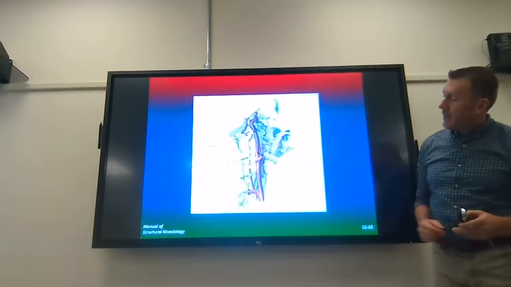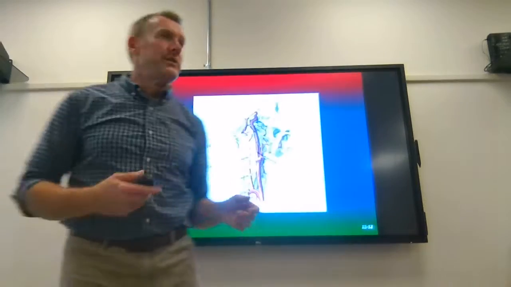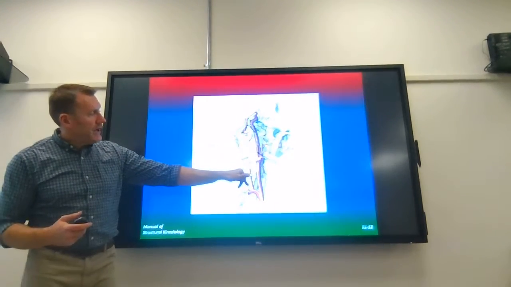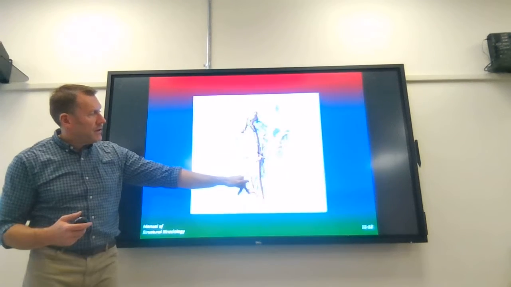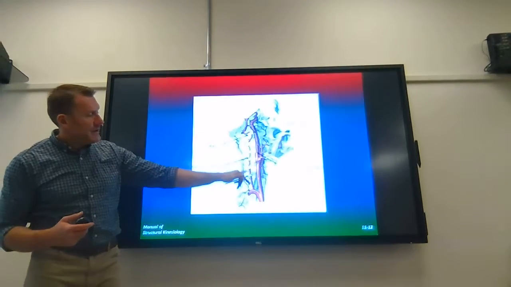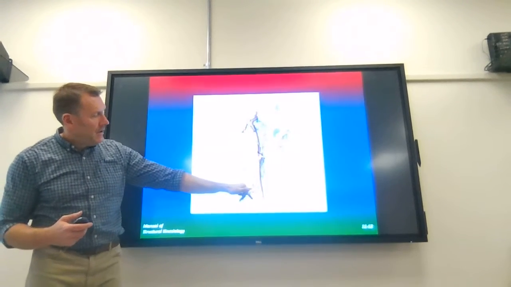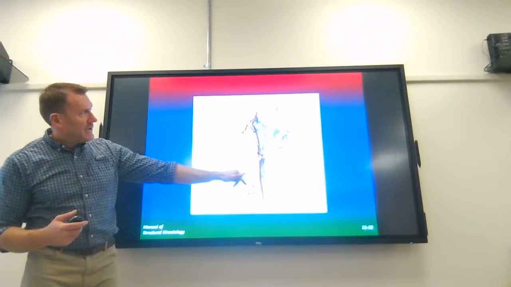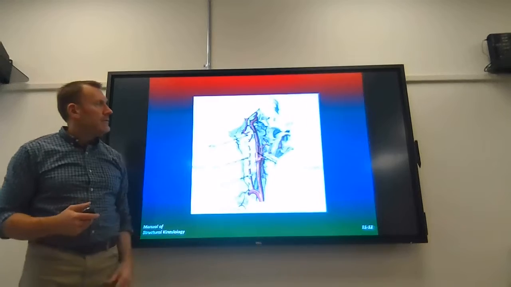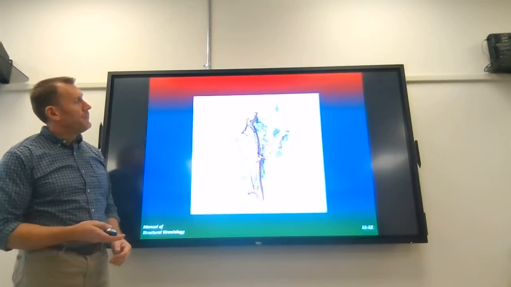Here's an illustrated drawing, again pulling from material external to the textbook, but you can see the holes, the transverse foramen, through which the vertebral artery passes. The vertebral artery is a branch of the subclavian down here. So the vertebral artery passes right up through those transverse foramen. It supplies the head with blood.